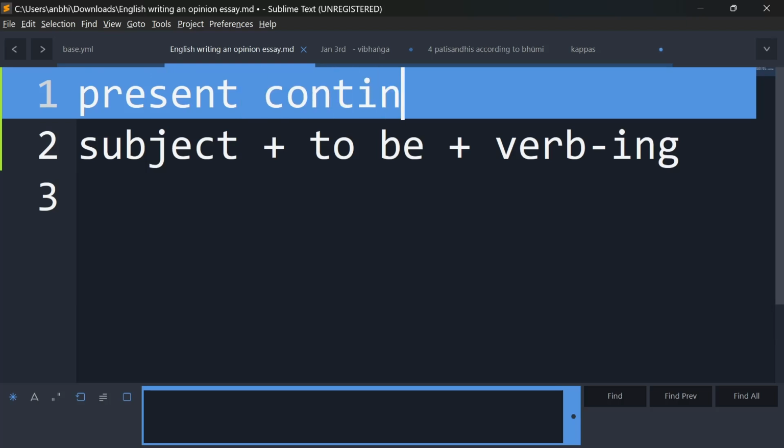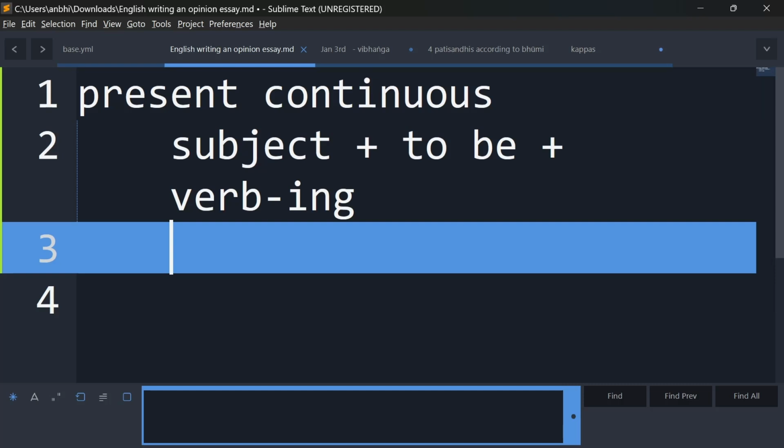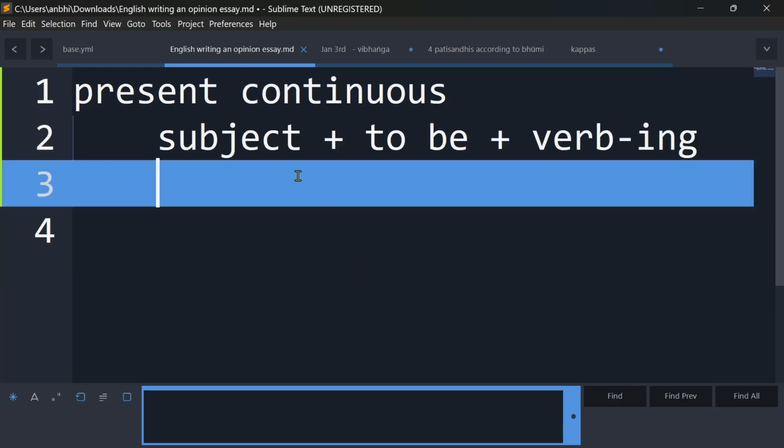Okay, so this is inside the subject of the present continuous, right? So we have this construction. I hope you're very familiar with it already. Subject. Okay, examples, please. Sankicha, example. Present continuous.